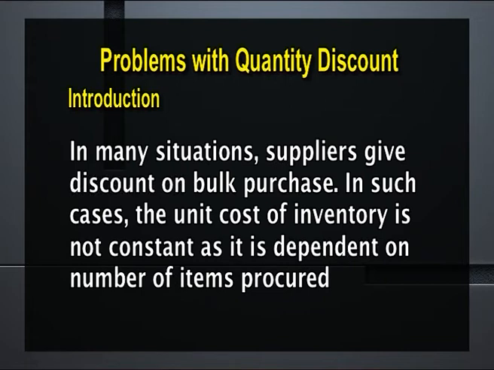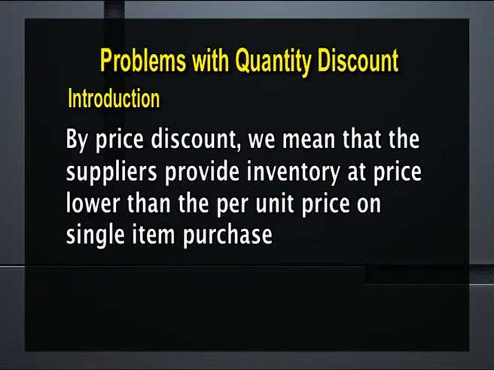In many situations, suppliers give discount on bulk purchase. In such cases, the unit cost of inventory is not constant as it is dependent on the number of items procured. By price discount, we mean that the suppliers provide inventory at a price lower than the per unit price on single item purchase.